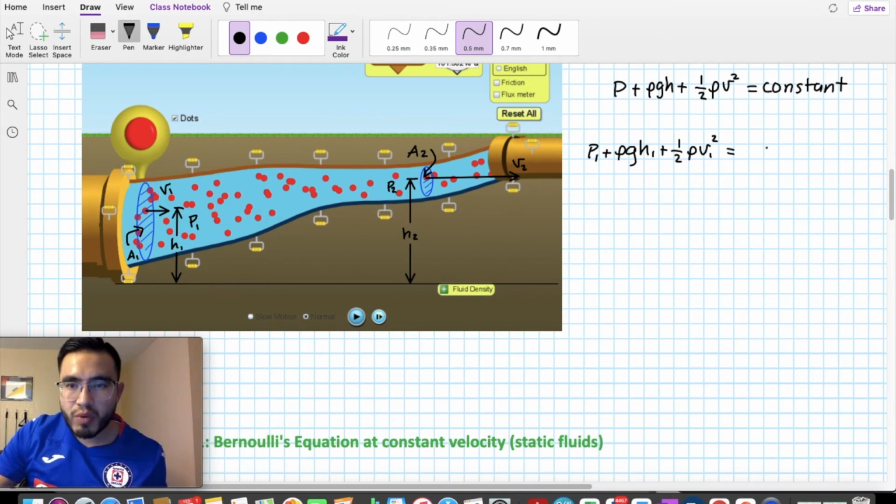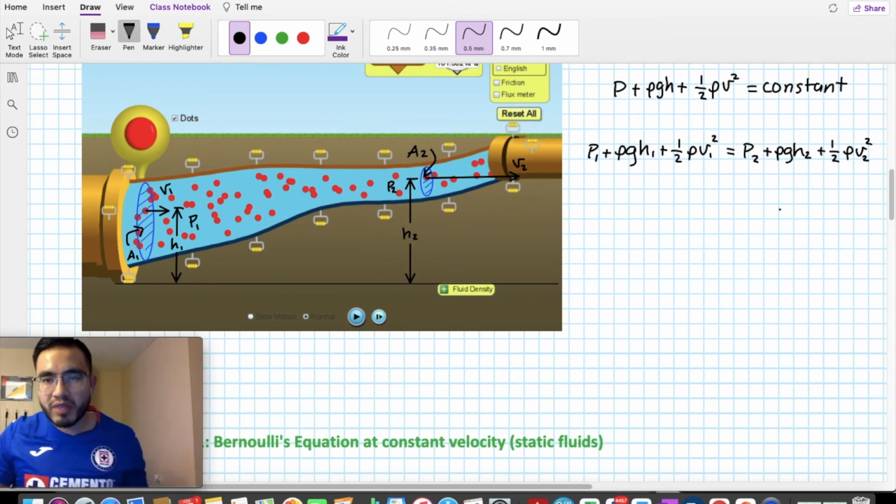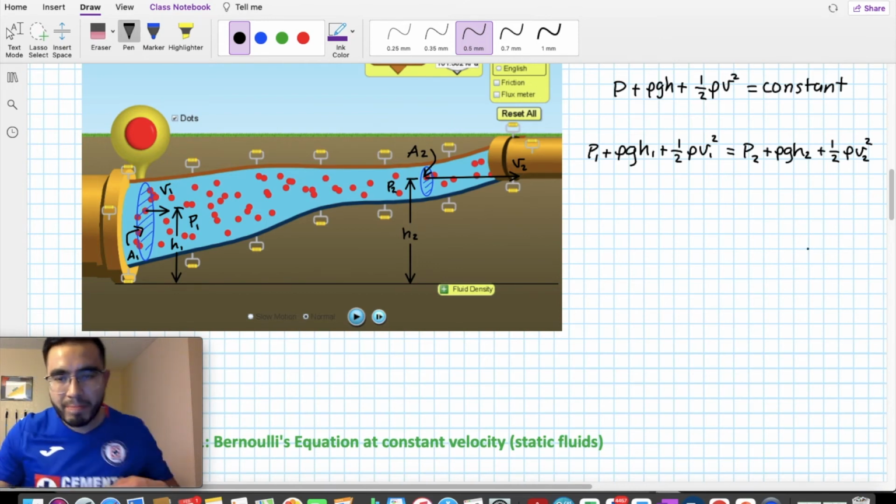That should be equal to the energy of the fluid at section 2, which is pressure 2 plus density is the same, acceleration due to gravity is the same, height is different, height 2 plus 1/2 rho v2 squared. This is the long version of Bernoulli's equation, guys, okay?